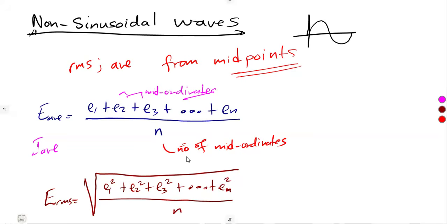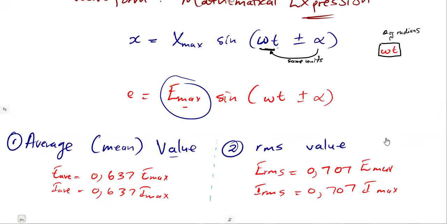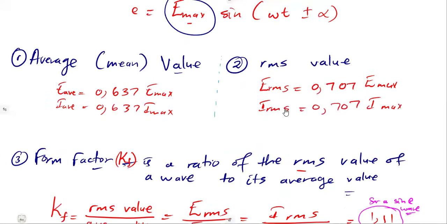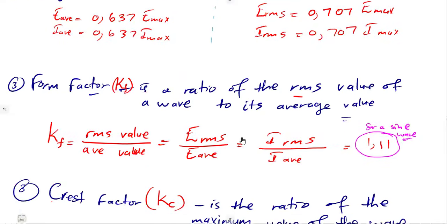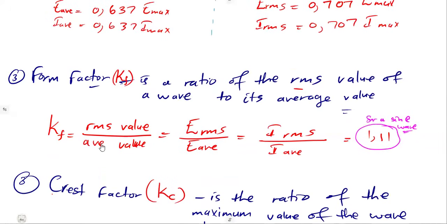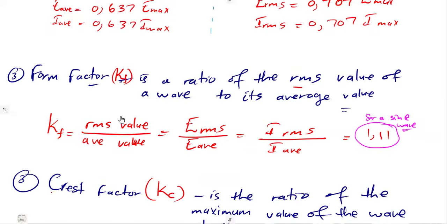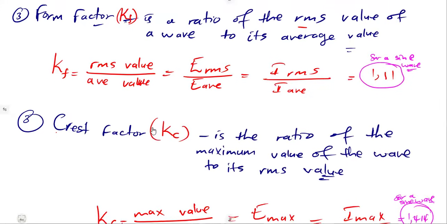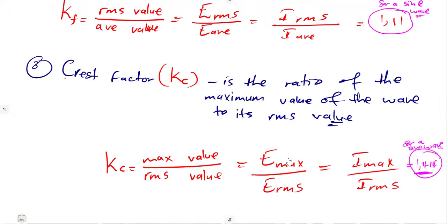So that's the idea. For the form factor and the crest factor, we use the same concept that we had here. We had these formulas for the form factor, the RMS value to the average value. Then the crest factor, the maximum value to the RMS value.